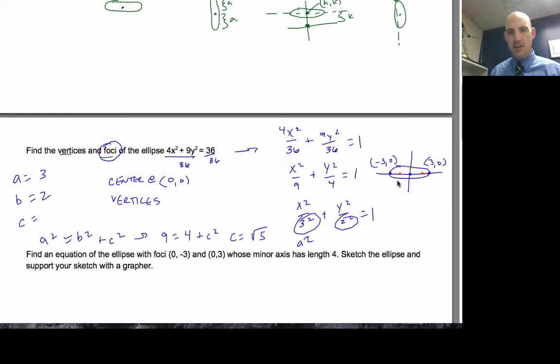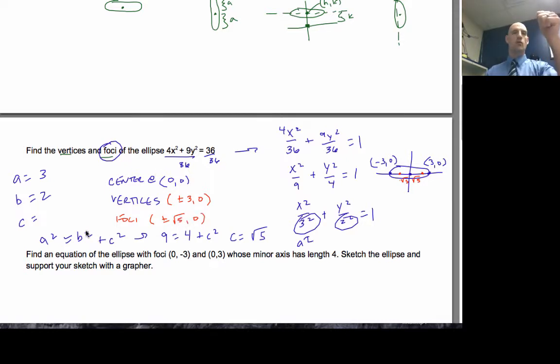This is the distance C here. So this is root 5, and this is root 5. And so my vertices are at plus or minus 3, comma 0. And my foci are at plus or minus square root 5, comma 0.